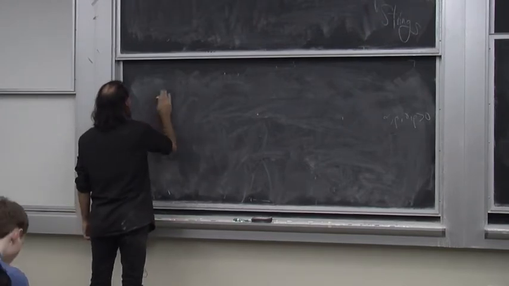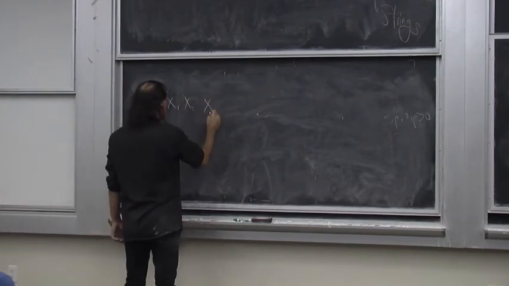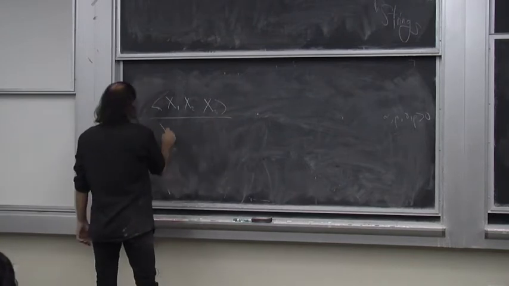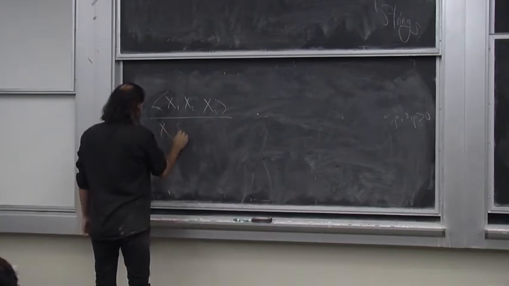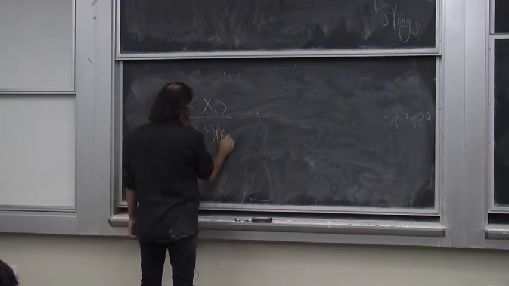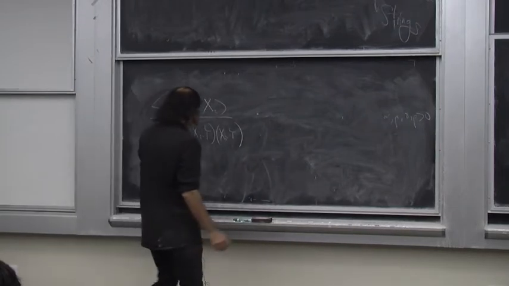So if you give me x1, x2, x3, let's say, over x1 dot y, x2 dot y, x3 dot y. This is the formula for the area of the triangle.